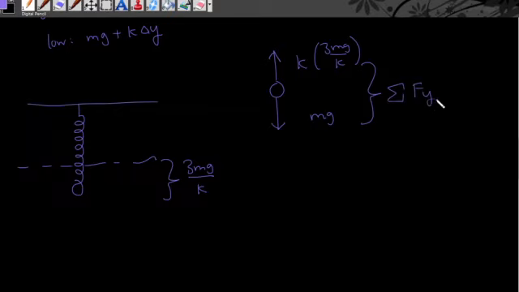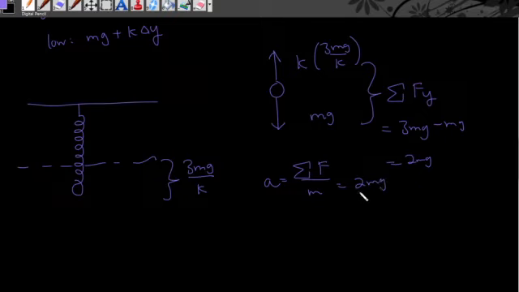The net vertical force would just be 3mg minus mg, which is 2mg. By Newton's second law, acceleration is force over mass, 2mg over m. So it accelerates upwards by 2g. And yeah, so the answer is B for that one.